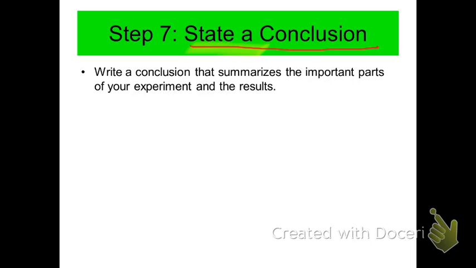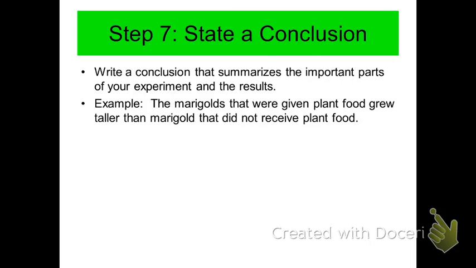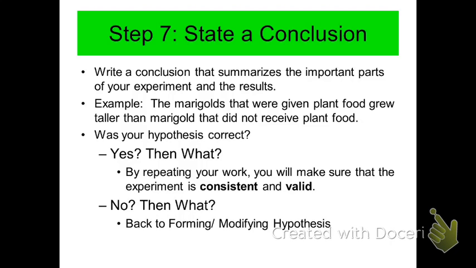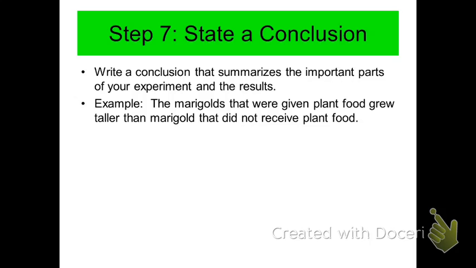And ultimately, the main question that you're asking yourself is, was your hypothesis correct? So let's just jump to our example. This is pretty vague. Yours should hopefully be more detailed, but I didn't want you to write a whole full paragraph.